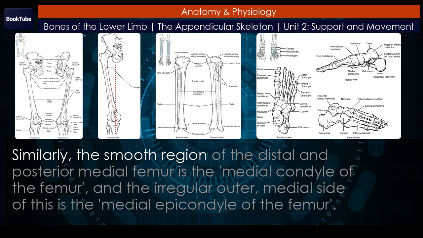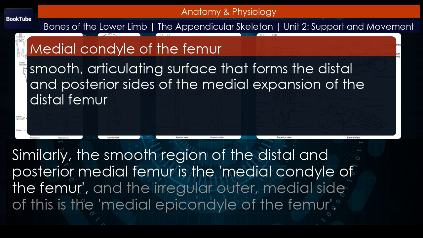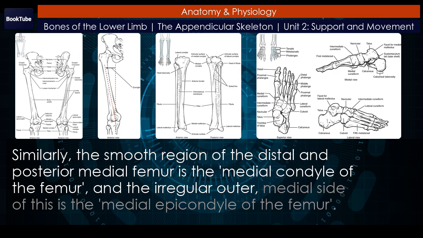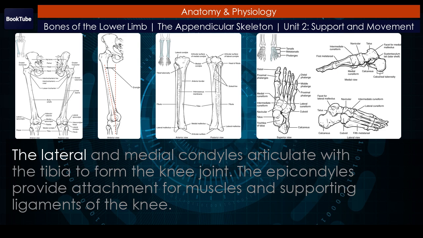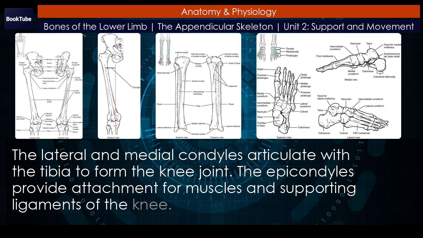Similarly, the smooth region of the distal and posterior medial femur is the medial condyle of the femur, and the irregular outer, medial side of this is the medial epicondyle of the femur. The lateral and medial condyles articulate with the tibia to form the knee joint. The epicondyles provide attachment for muscles and supporting ligaments of the knee.